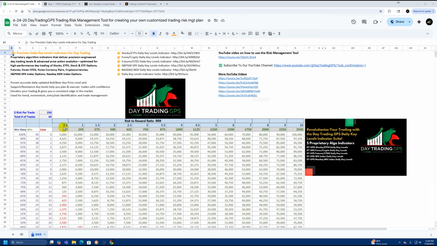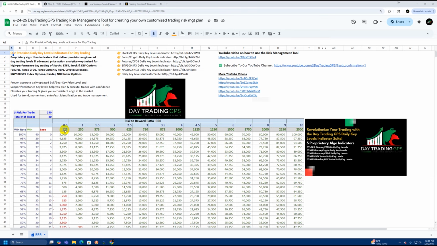This is just a starting point, and these are the most common risk to reward ratios. However, if you want to drill down and be more specific and come up with specific numbers that fit your trading style, then you can simply change these here.